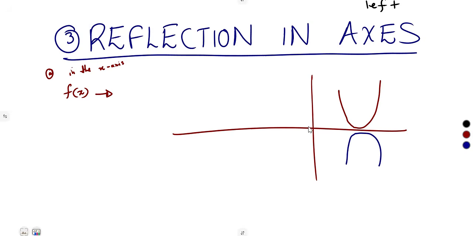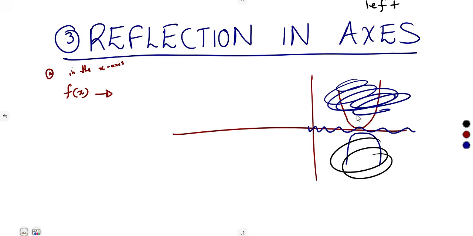Remember what I said? If this is your mirror line, one shape is on one side of the mirror, the other on the other side. This is on the positive side, so we are going to have the other one on the negative side. So simply our f of x will change to minus f of x. You simply have to multiply your f of x by a negative.